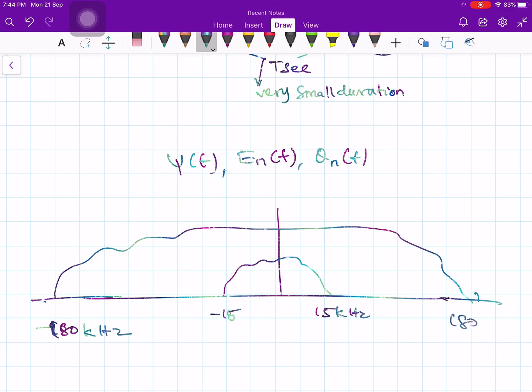En of t and theta n of t both are noise. This represents En of t and theta n of t, and this represents your psi of t for FM.